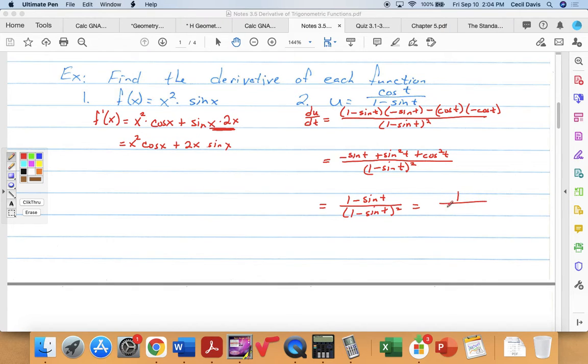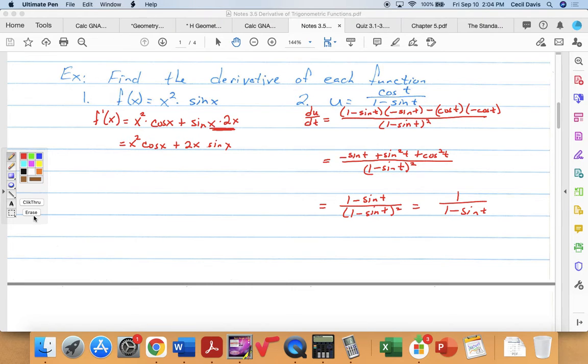This is equal to 1 over 1 minus sine of t. We will simplify things as much as we can. Just know, and this won't be a free response question on the AP exam. If they had one like this, it would be a multiple choice, and they would simplify it, which is why we practice simplifying them.